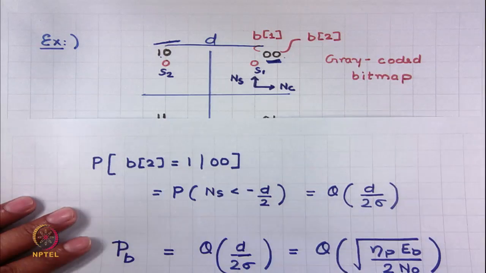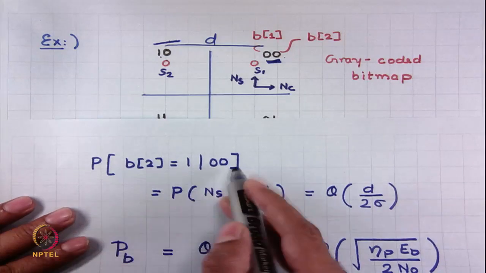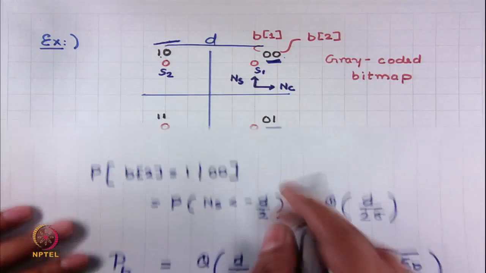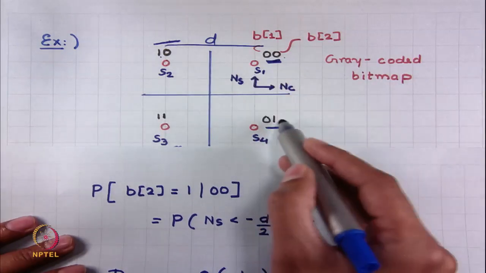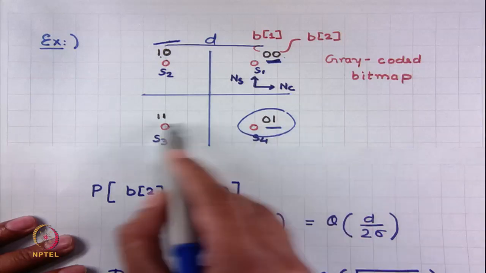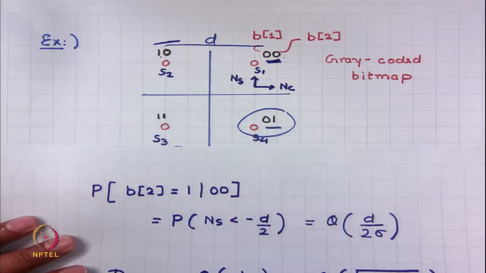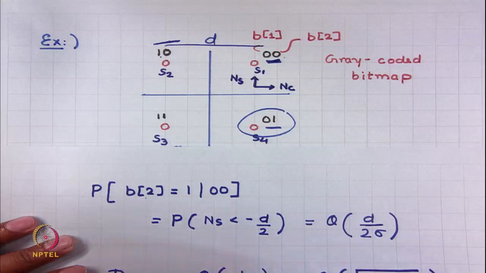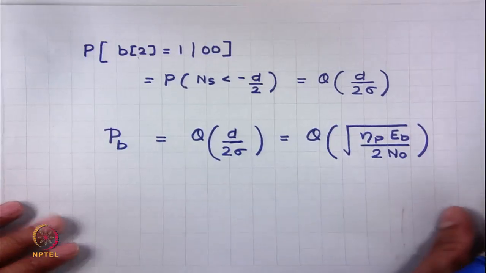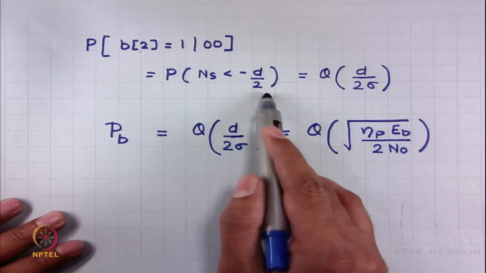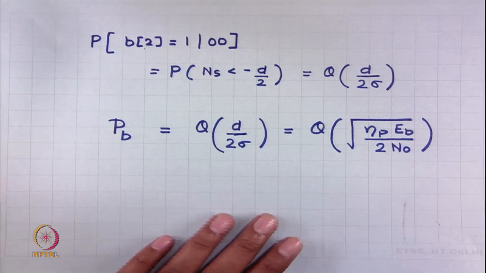That also corresponds to an error situation, and this is the probability that NS is less than minus d by 2, because when this happens you have either signal S4 or S3, and both signals have the second bit as 1. So, the probability that the second bit is 1 is simply the probability that NS is less than minus d by 2, and this is also Q of d by 2 sigma.